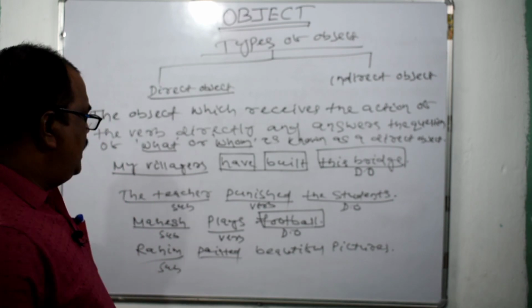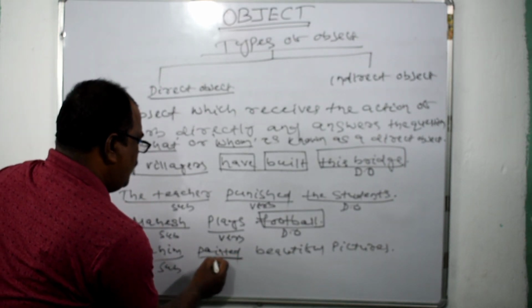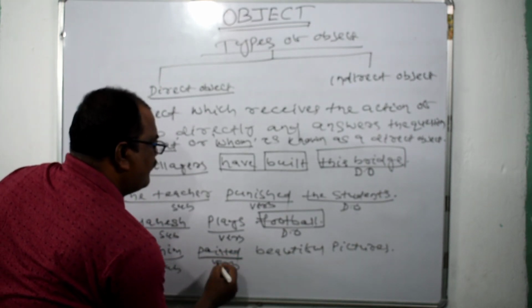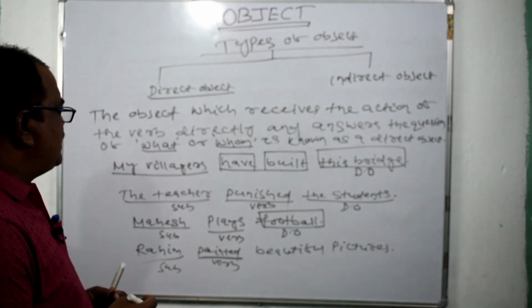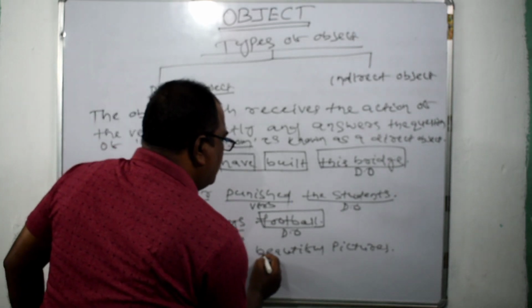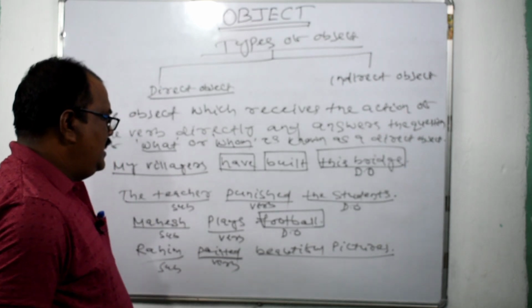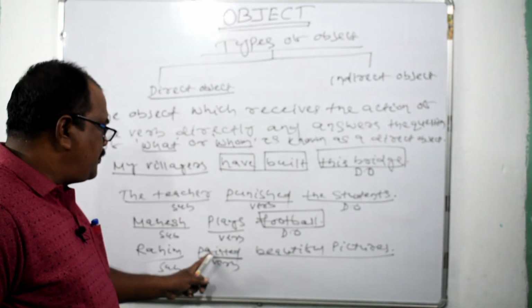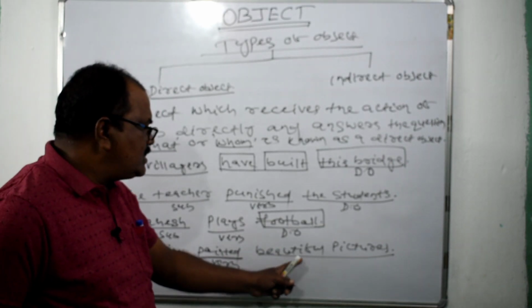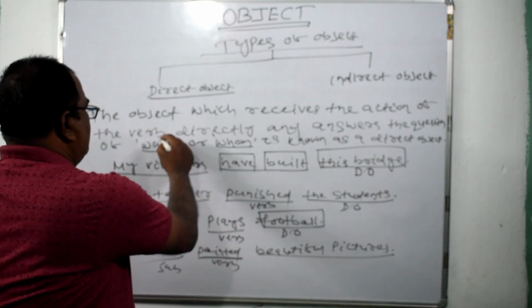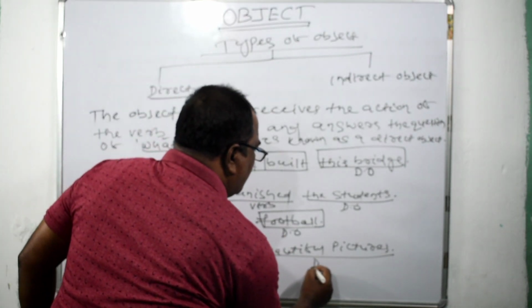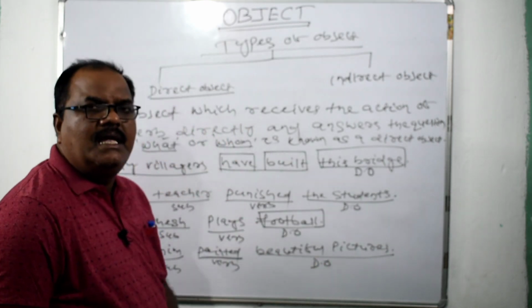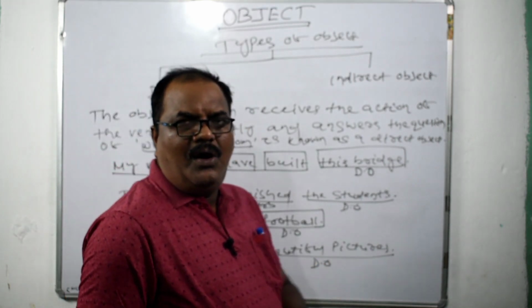Therefore, it is an action word. So it is a verb. What did Rahim paint? Beautiful pictures. This part of the sentence receives the action of the verb painted directly and answers the question of what. Therefore, it is known as the direct object.